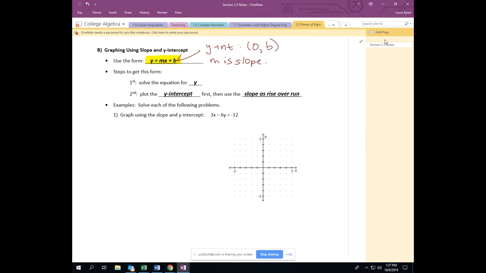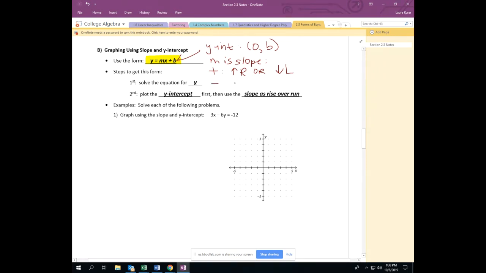Now, there are two different scenarios for slope. It's either positive or it's negative. If the slope is positive, you can move up and then to the right or down and to the left, whichever one you prefer.